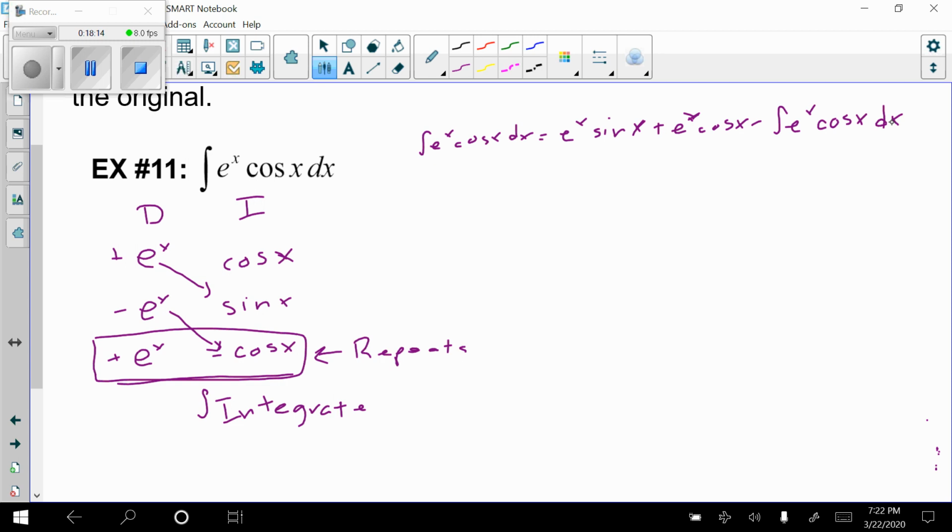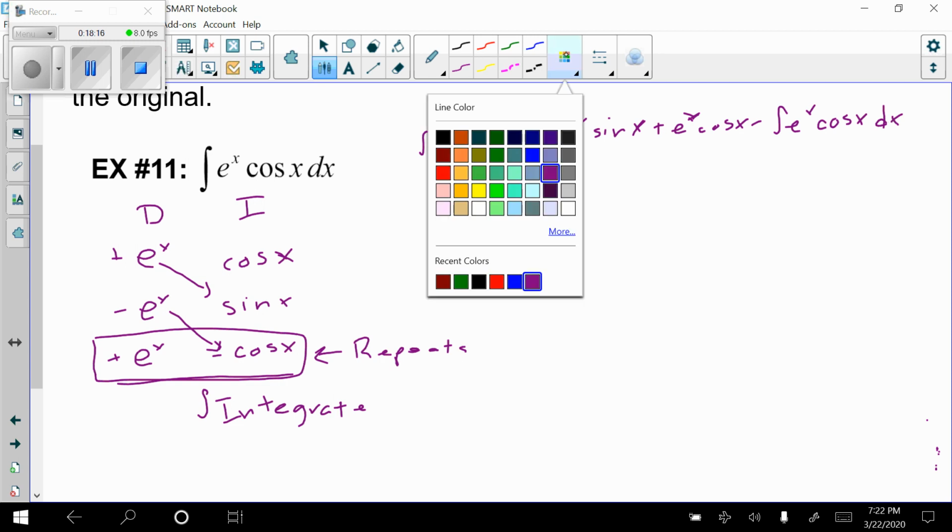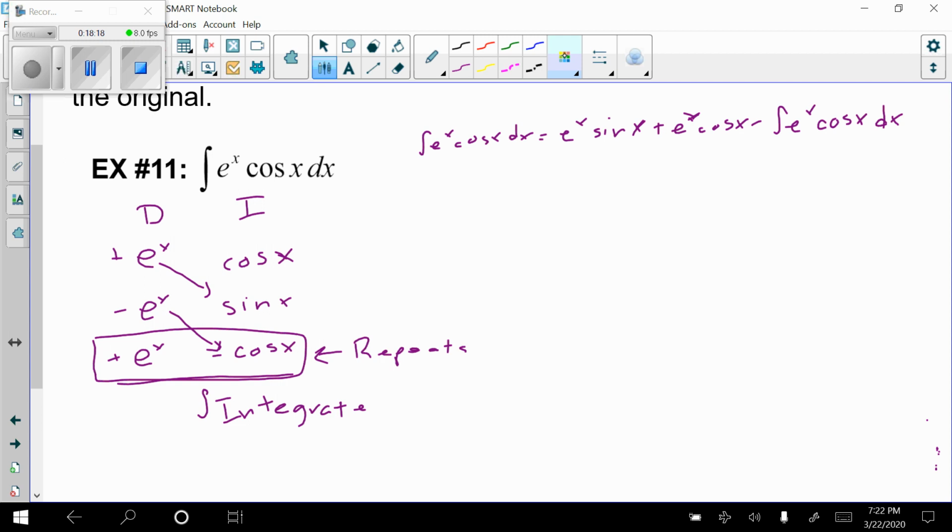Okay. Now at this point, let me pick another color to illustrate what I'm going to do. I'm going to take this term and move it to the left side of the equal sign.